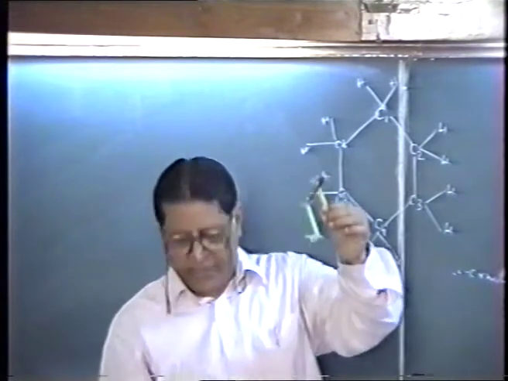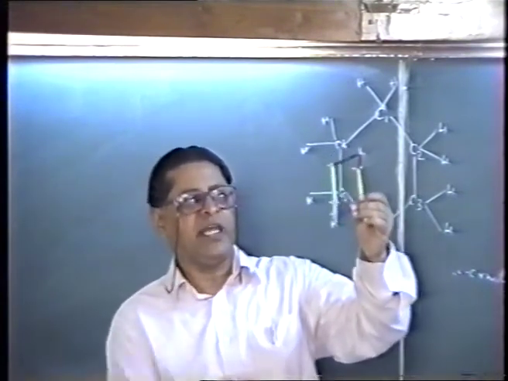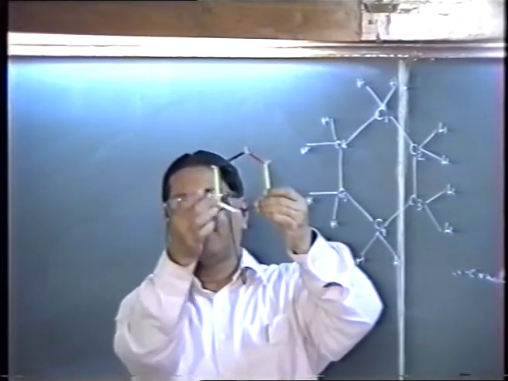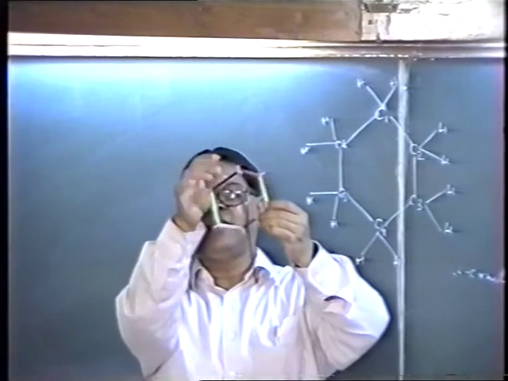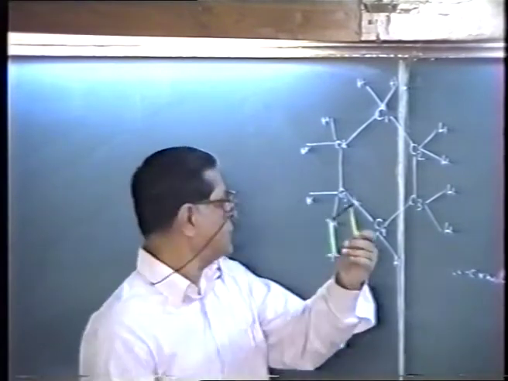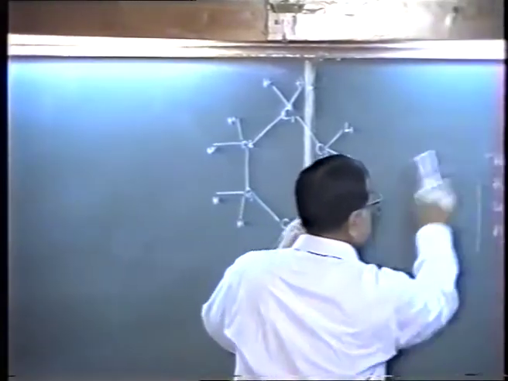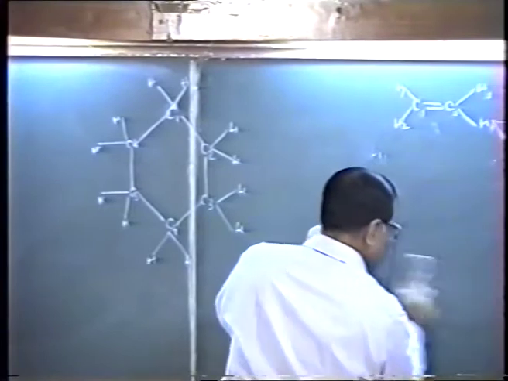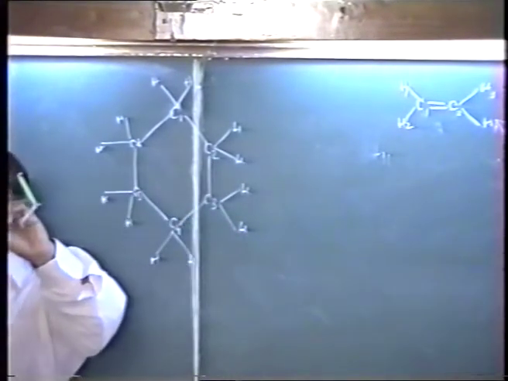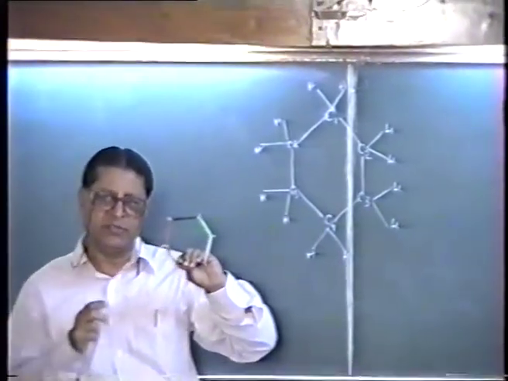Now, you can notice I have specifically put the 6 bonds in 6 different colors: white, green, black, red, yellow, blue. I just want to prepare a table for this arrangement which I have in my hand, in this model, of the rough internal torsion angles.